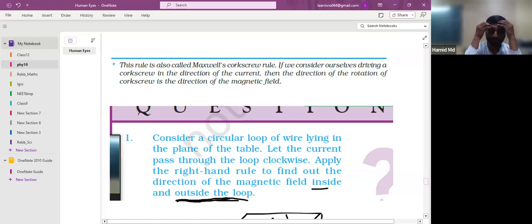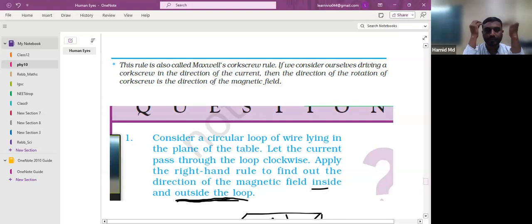To find which direction the magnetic field is, if the direction of current in the conductor is given.